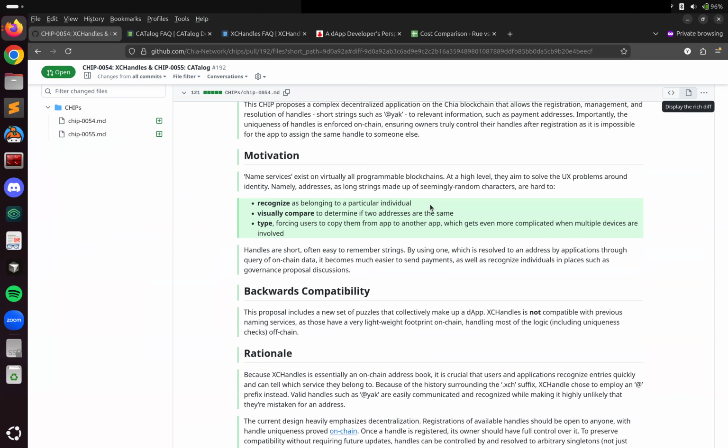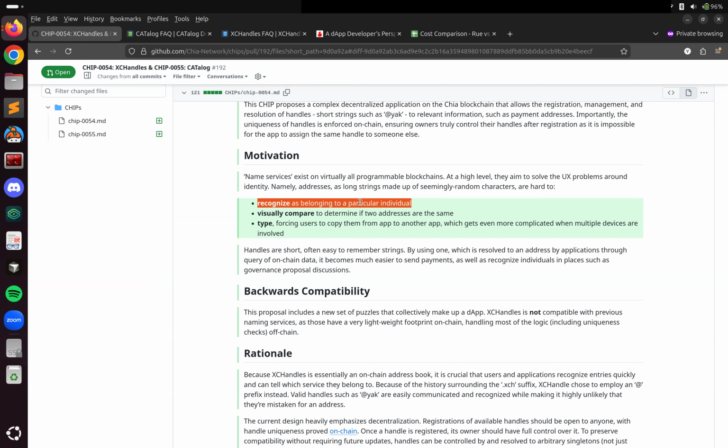And these addresses come from a hash, and they were not necessarily designed to be very easy to use. They are hard to recognize.